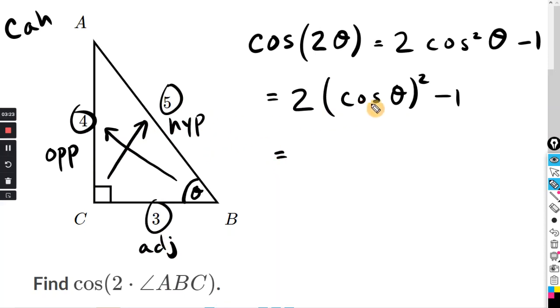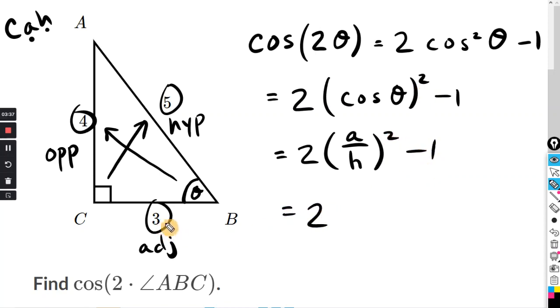So cosine is adjacent over hypotenuse, so it's going to be 2 times adjacent over hypotenuse squared minus 1. Adjacent is 3 in place of A, hypotenuse is 5 in place of H, and that's squared minus 1.